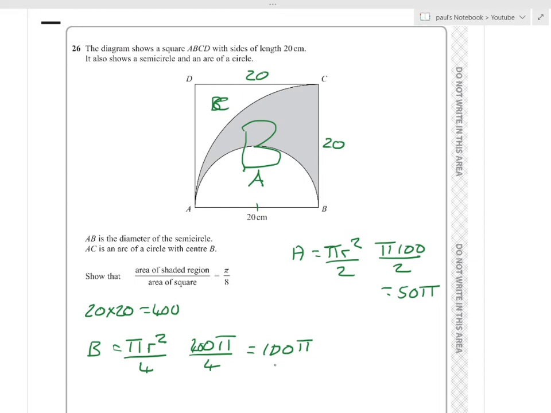That's 100 pi. So this one, shaded, will be the 100 pi, take away the 50 pi. So 100 pi, take away 50 pi. I don't know where I'm going with this. Is 50 pi. So that's a shaded region.